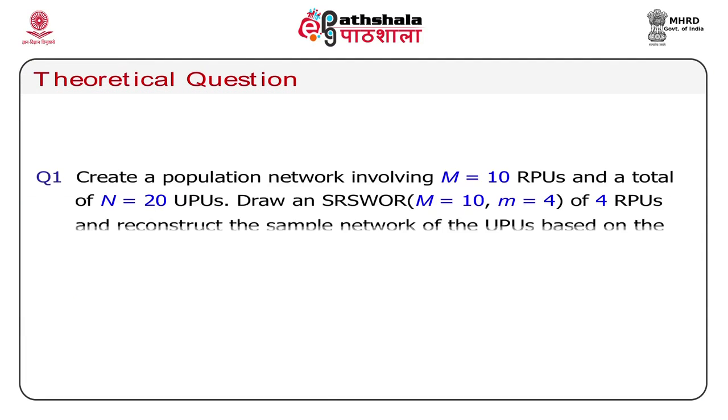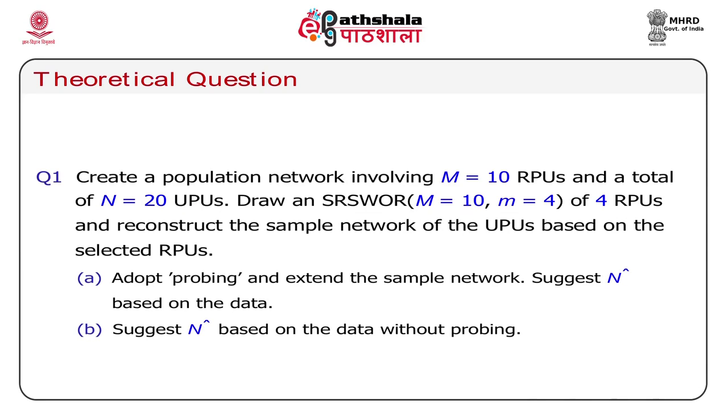The first question reads like, create a population network involving capital M equal to 10 reference population units and the total of capital N equal to 20 ultimate population units. You are at liberty to frame the population network connecting the two sets.